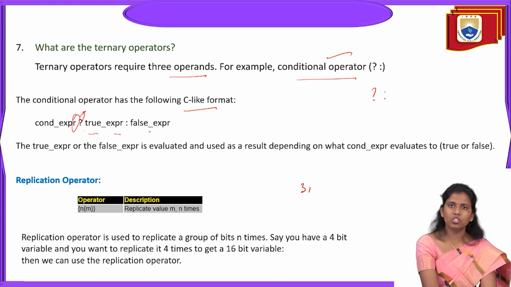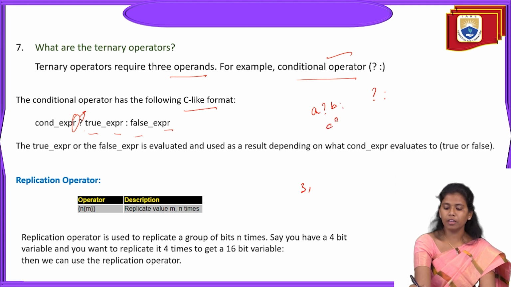So it goes as per the conditions required. For example, A and B, colon, C and B, colon, D. If C is true when you compare it with B, then B must be false when you compare it with D. So it requires 3 operands.